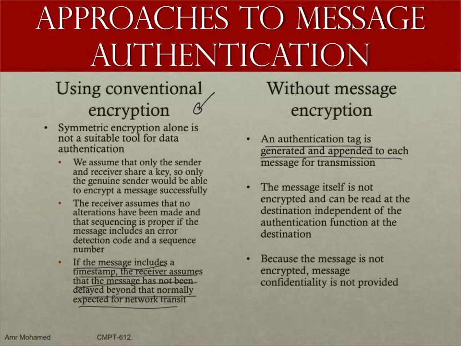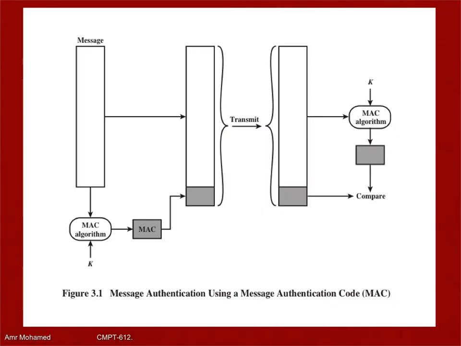So for that tag, we can use a modified algorithm based on encryption, as we will see, or we can use a specially made algorithm for this. So we will talk about the cases. So that's what we talk about here.